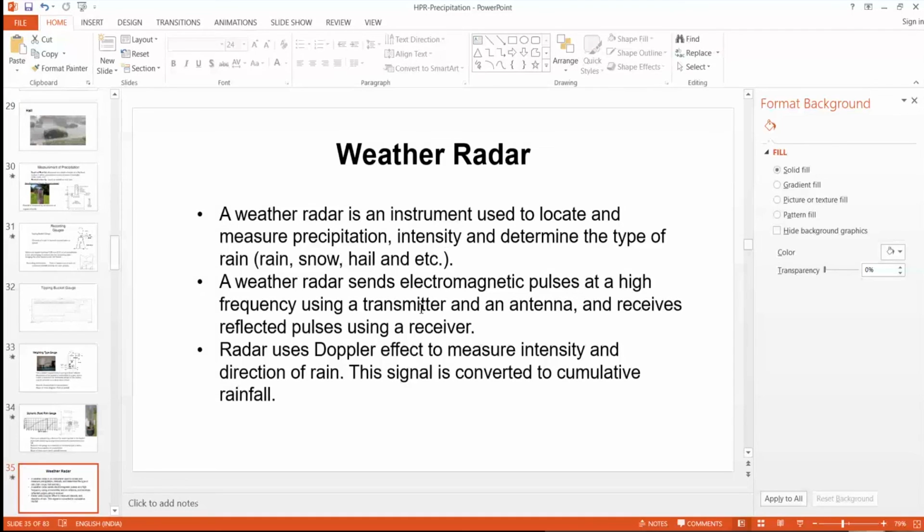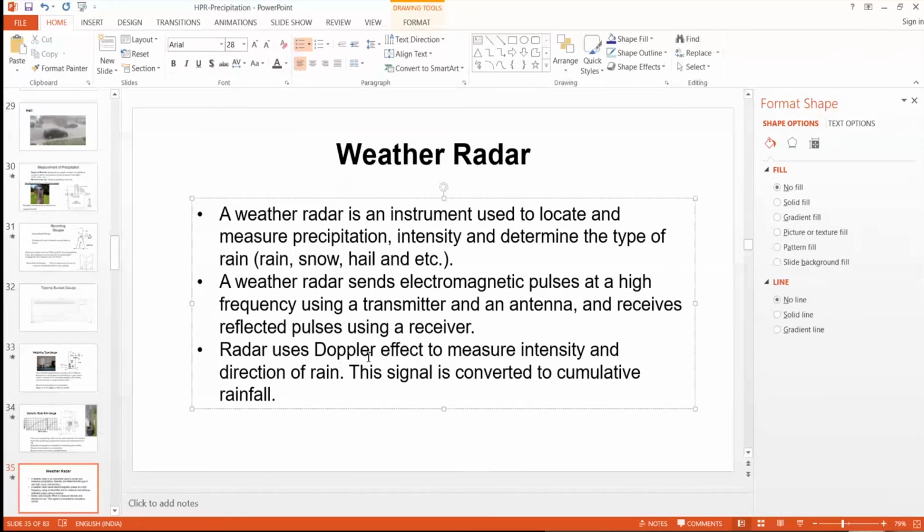This weather radar mainly uses the Doppler effect to measure intensity and direction of rain. So what is the Doppler effect? It is like an observer and a moving object. The moving object is making some kind of wave, whether sound or light, etc. When this moving object comes towards the observer, the frequency increases.